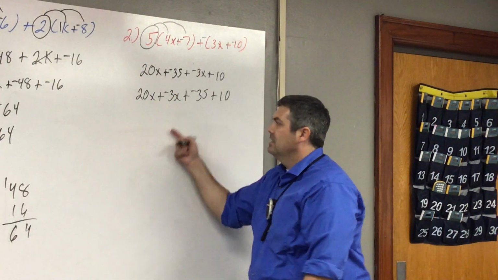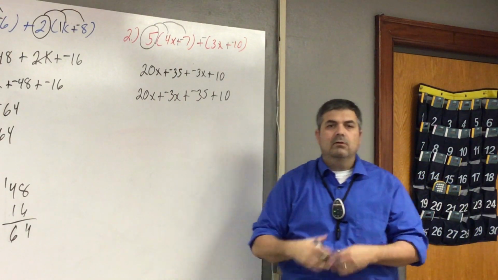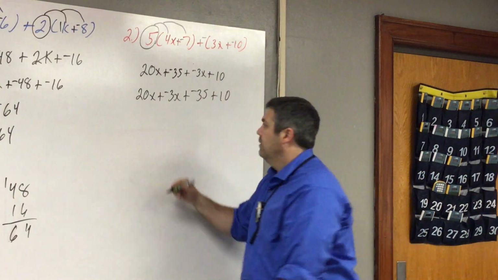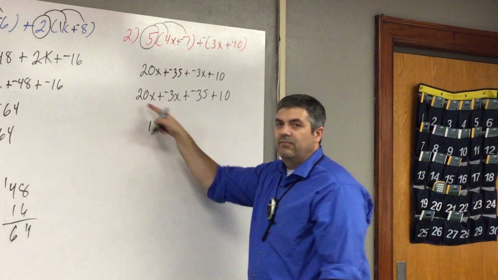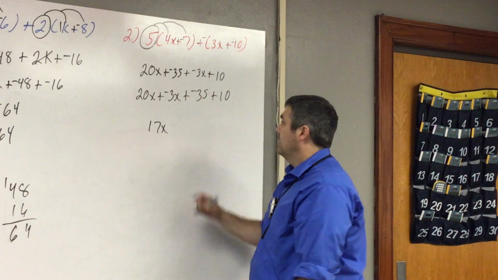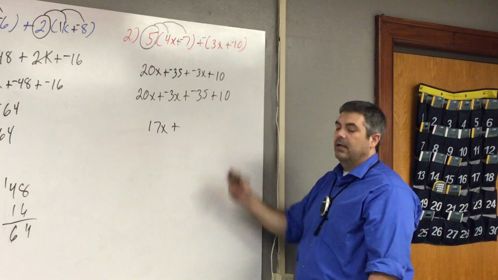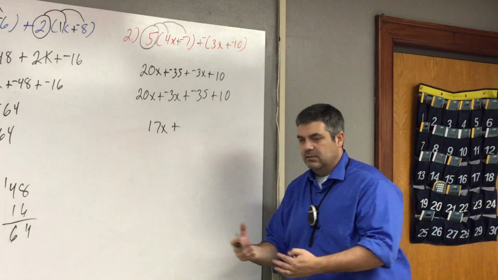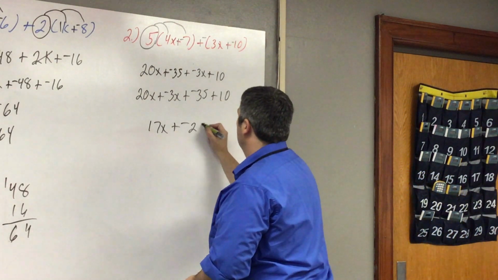When we combine these, you're adding a positive plus a negative, you subtract, keep the sign of the bigger number. So we're going to subtract: 20 is bigger than the 3, so it's a positive 17x. Plus negative 35 plus 10, again, subtract, keep the sign of the bigger number, negative 25.